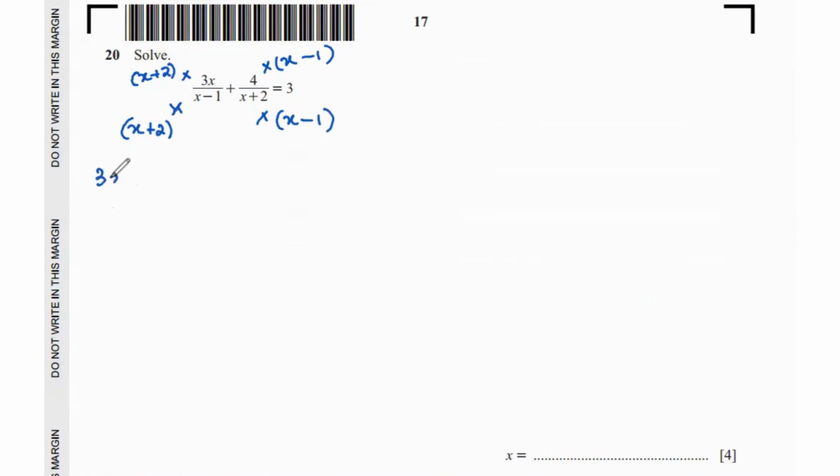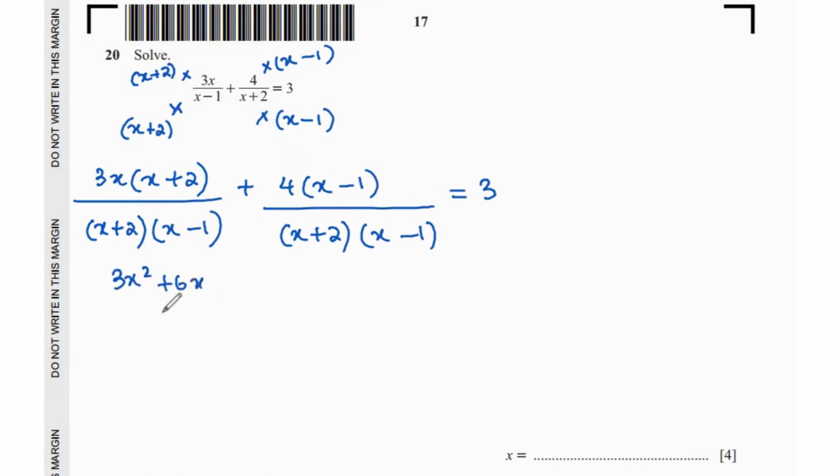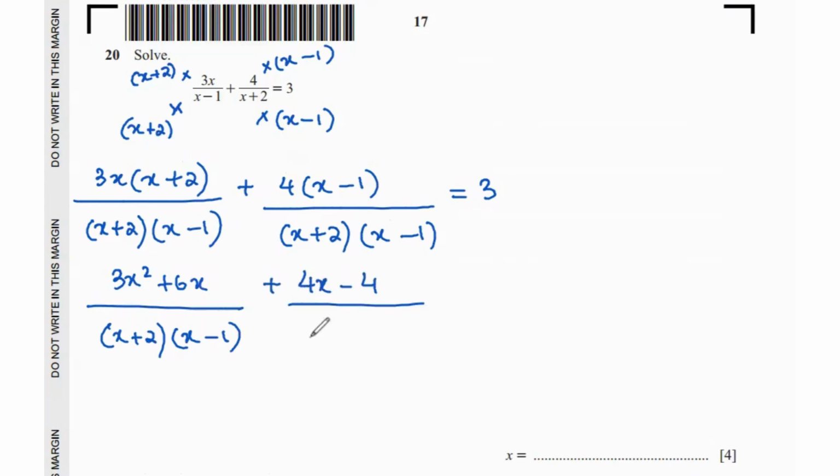So that's 3x times x plus 2 over x plus 2 times x minus 1 plus 4 times x minus 1 over x plus 2 times x minus 1 equals 3. So 3x squared plus 6x over x plus 2 times x minus 1 plus 4x minus 4.